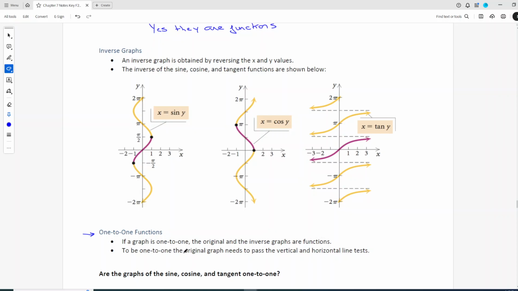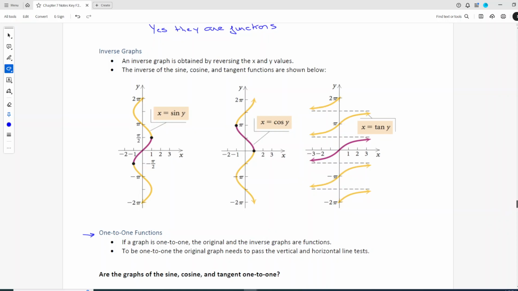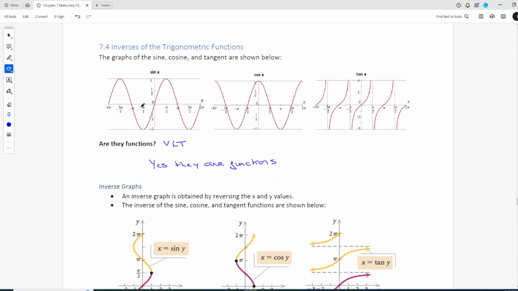To be one-to-one, the original graph needs to pass the vertical and horizontal line test. So what we're pretending here is, if I only gave you these graphs and said, are these graphs one-to-one? Well, you know that they're functions. But to determine if their inverses are functions, you could draw horizontal lines. And if they pass the horizontal line test, then their inverse is a function as well.